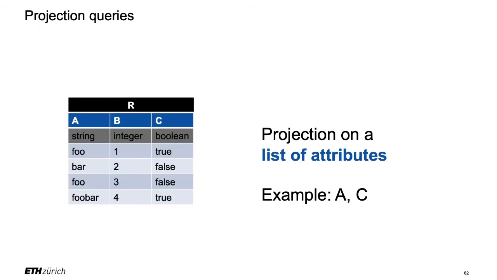It's a projection on a list of attributes, so you need to say which list of attributes you have. So let's say A and C. Can anybody guess what the result of that is going to be? Intuitively.